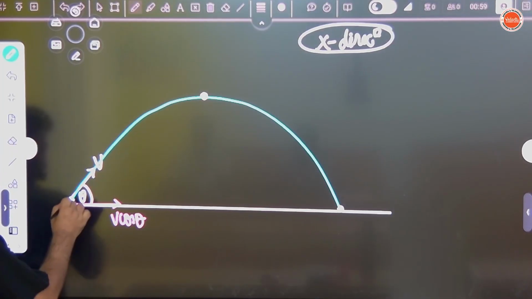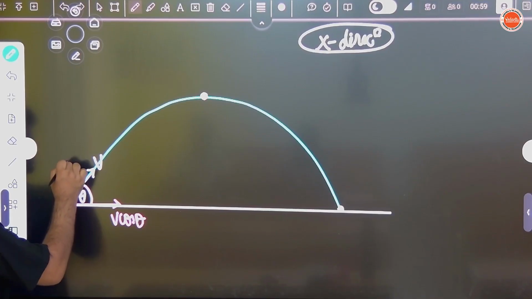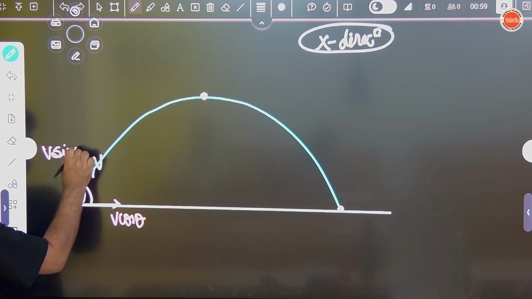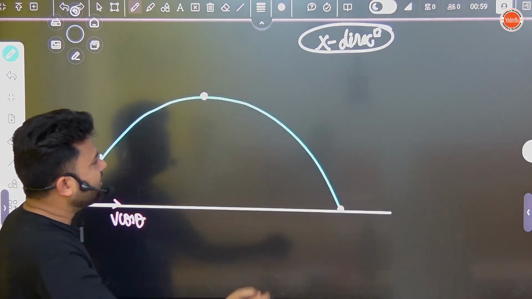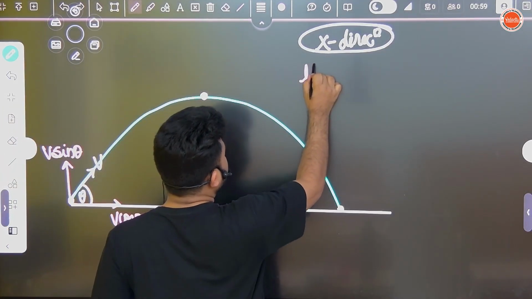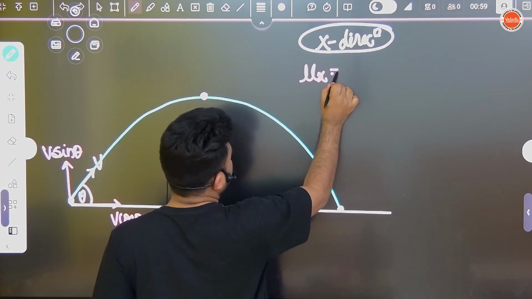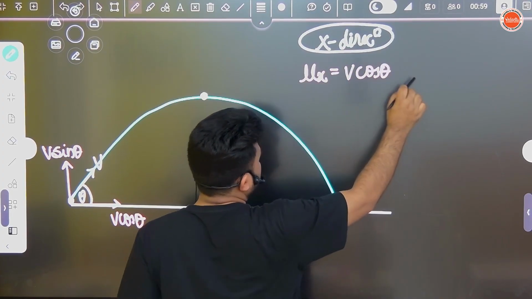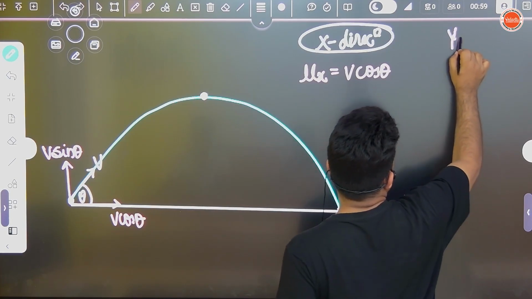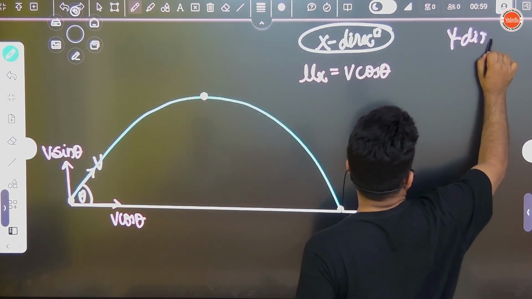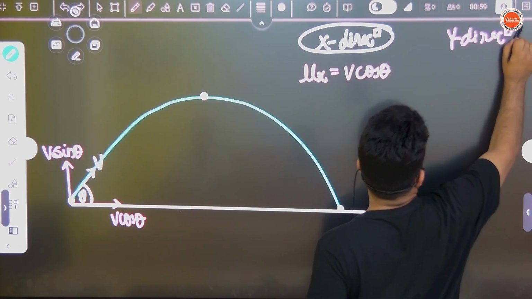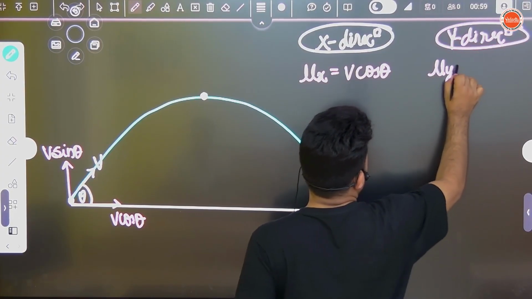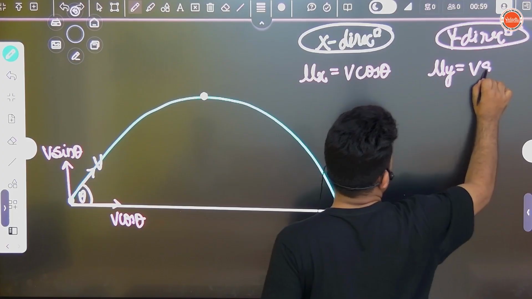And what is its speed in the y direction? V sin theta. So if someone asks what the initial speed in the x direction was, you will say V cos theta. Similarly, the initial speed in the y direction, which we will study separately, is V sin theta.